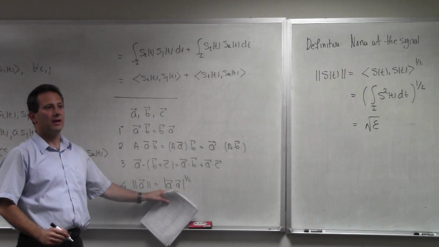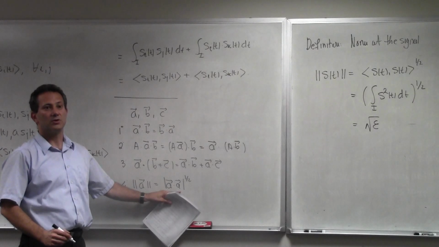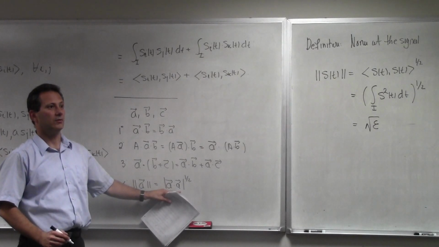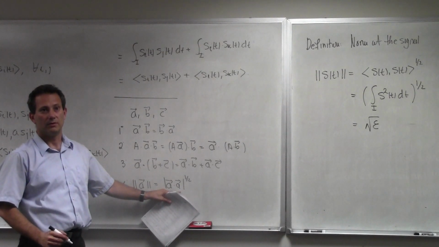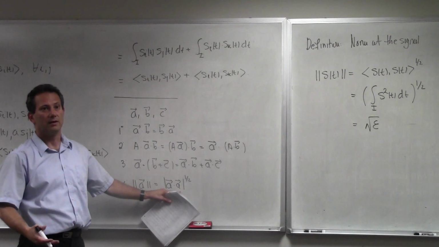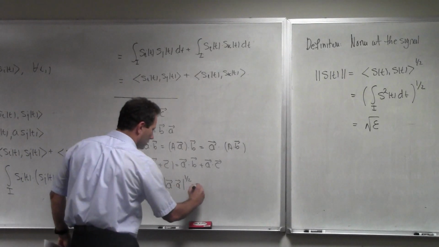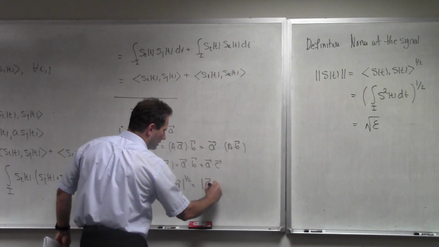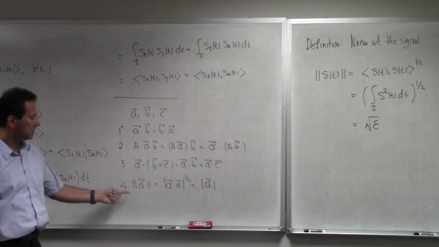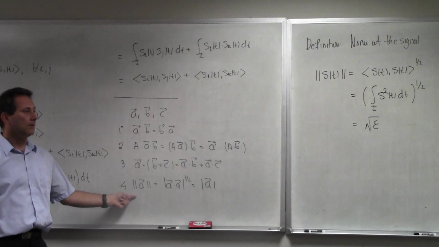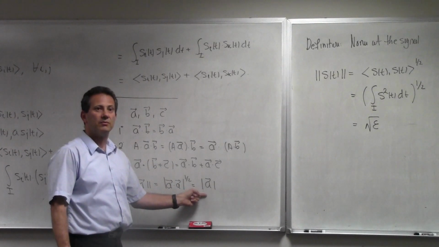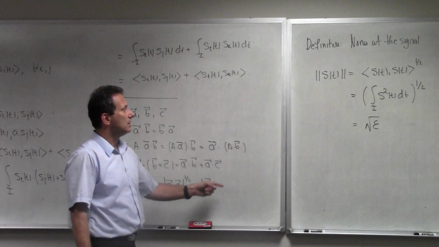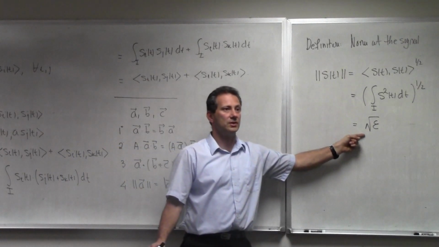It's the magnitude of A times the magnitude of A times the cosine of the angle between A and A. What's the cosine of the angle between A and A? The angle is 0, so cosine is 1. So this is going to be the magnitude of A. That's the equivalent here: the magnitude, the distance from the origin for the simple vector here, is analogous to the energy of the signal.